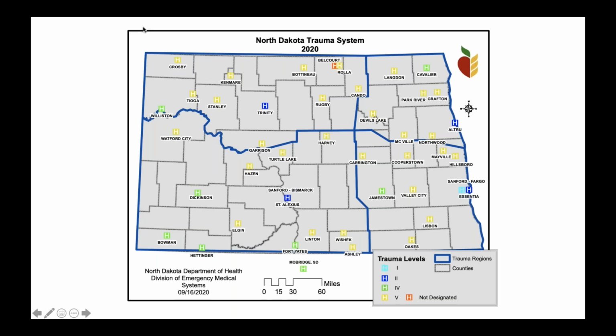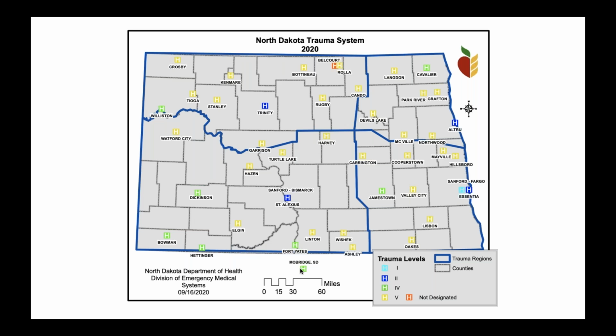So here is the North Dakota Trauma System map as of 2020. Mobridge is on this because they are North Dakota certified as well as a trauma center, because they have a relationship with the Bismarck hospitals for whatever trauma that comes in there that needs to be transferred.